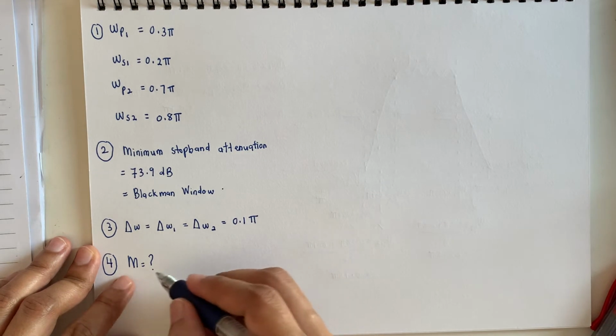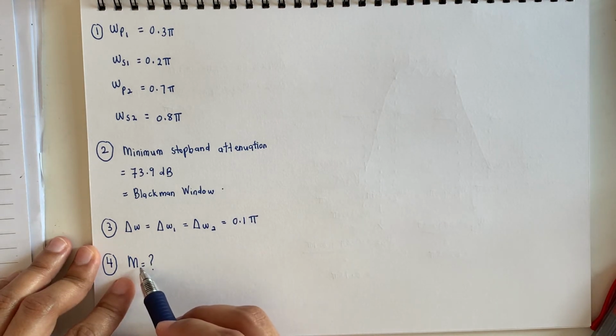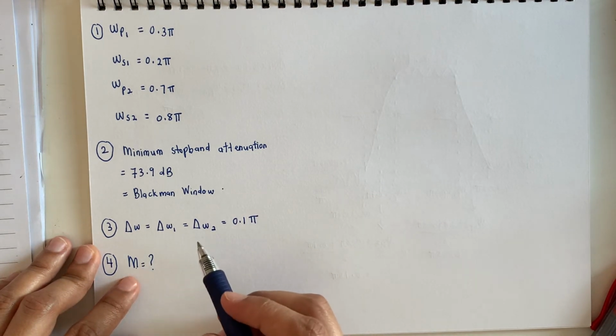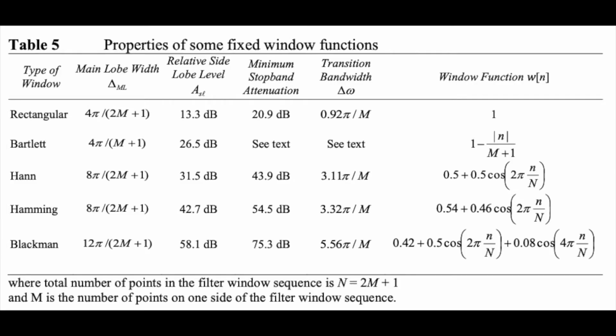So again, for you to determine your M value, you need to refer to table 5. Refer to the transition band column and make sure you refer to the Blackman window row.